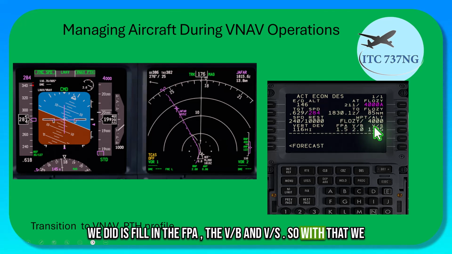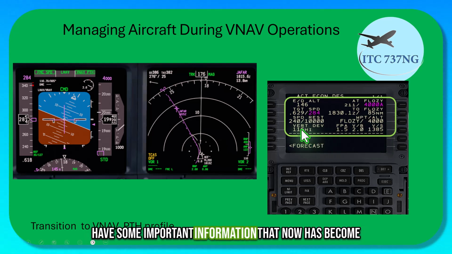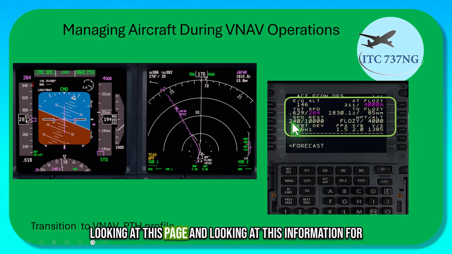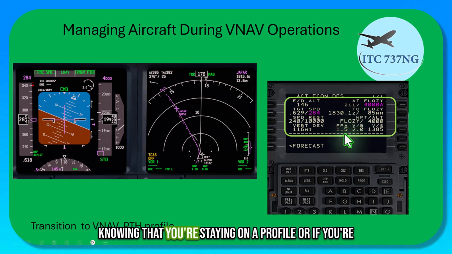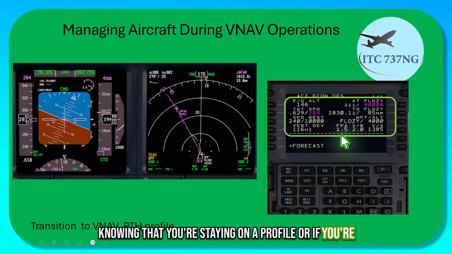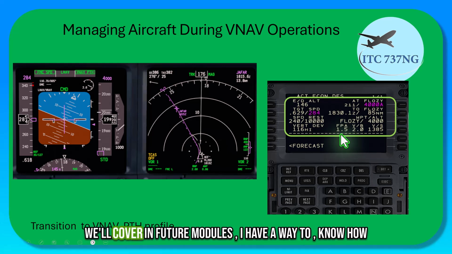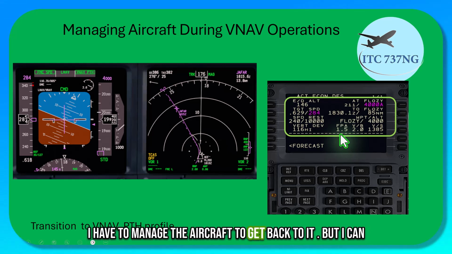So with that, we have some important information that has become available to us, and I want you to constantly be looking at this page and this information for knowing that you're staying on a profile, or if you're coming off a profile for any number of reasons, which we'll cover in future modules. I have a way to know how I have to manage the aircraft to get back to it.